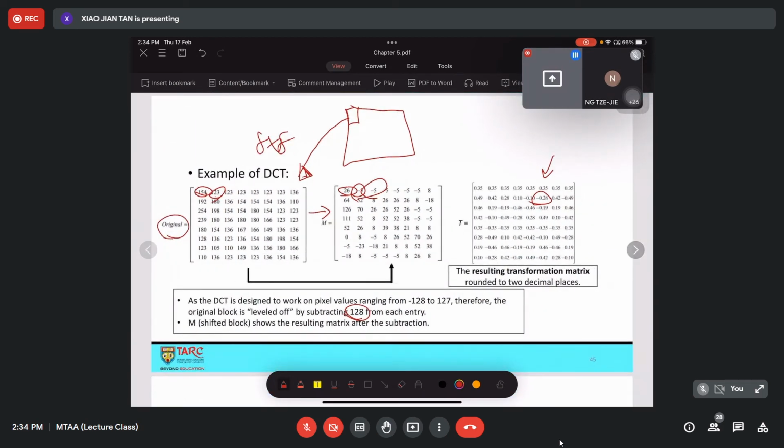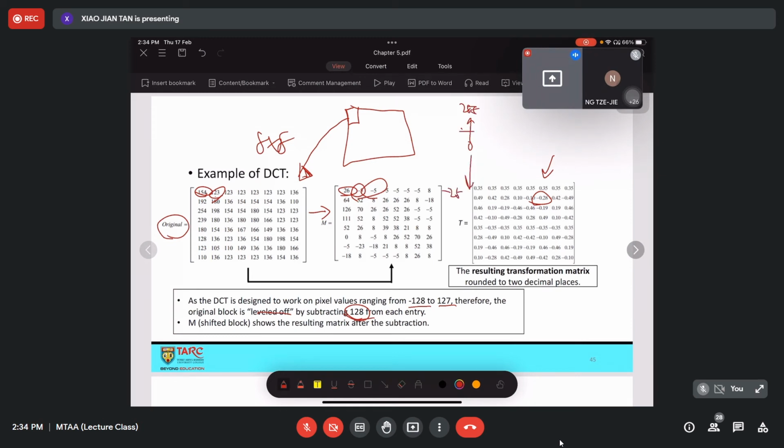As the DCT is designed to work on a pixel value range from -128 to 127, the original block is leveled off by subtracting 128. Because in the Nyquist theorem, we just need half of the value, which means you don't need to put 0 to 255 and then 0 to -255.